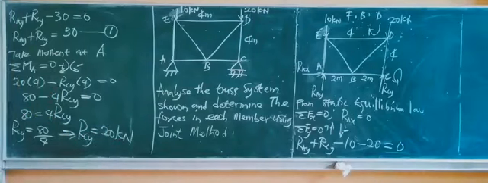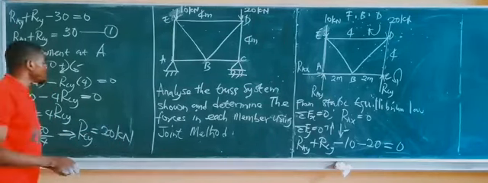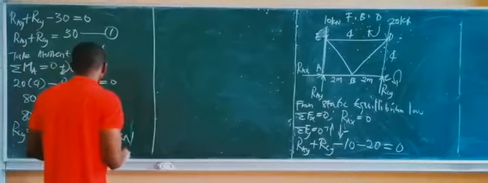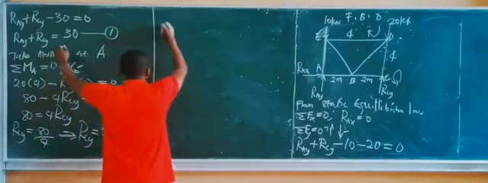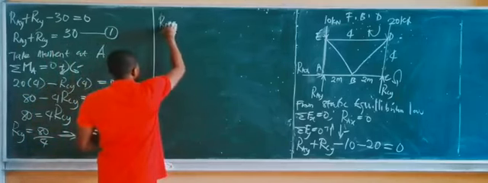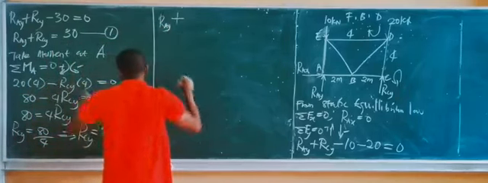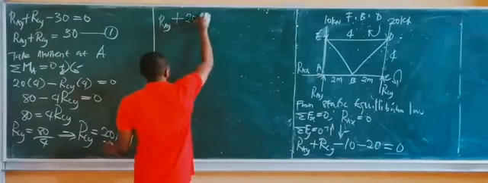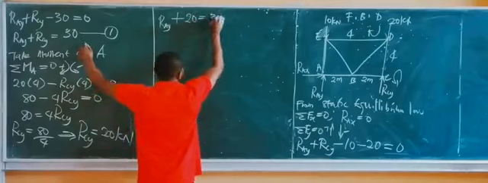So with RCY of 20 kilonewtons, substitute the value into equation 1 to find RAY. From equation 1, I have RAY plus, in place of RCY, 20, equal to 30 kilonewtons.